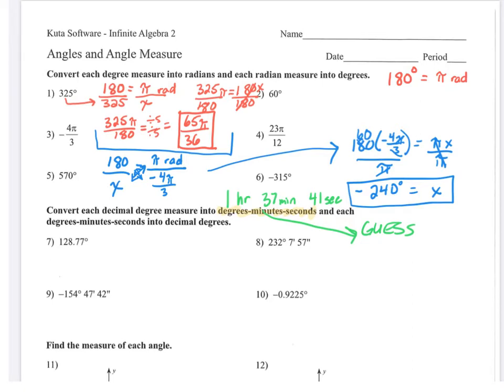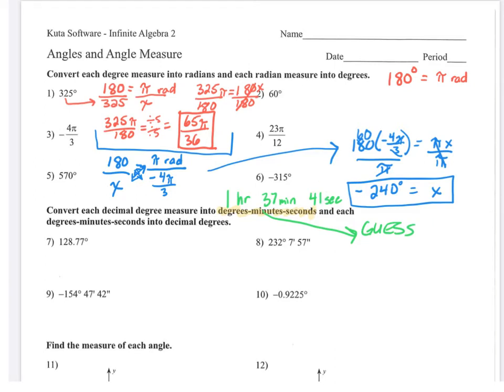Well, 1 hour is 60 minutes. So 37 minutes will be about 0.5 hours. 40 minutes will be 40 out of 60, which is 2/3, which is 0.66 hours. So 37 minutes is probably like 0.6, right? And then the seconds out of a minute is like 2/3 of a minute, which is another 0.66.